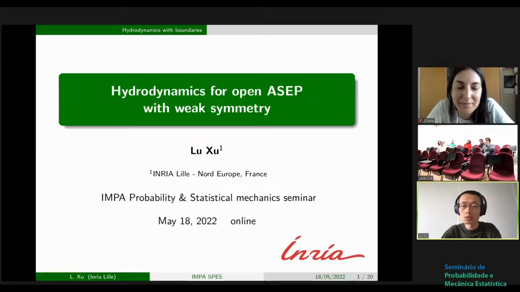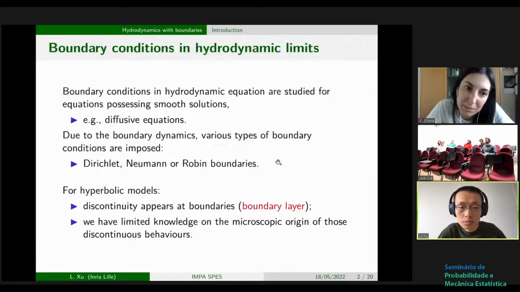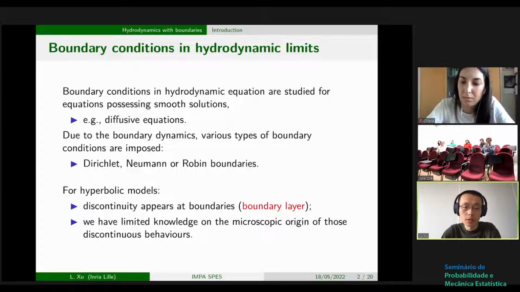So today my talk will be on the hydrodynamic limit of the asymmetric simple exclusion in contact with open boundaries. So the talk will concern the boundary conditions in hydrodynamic limits.